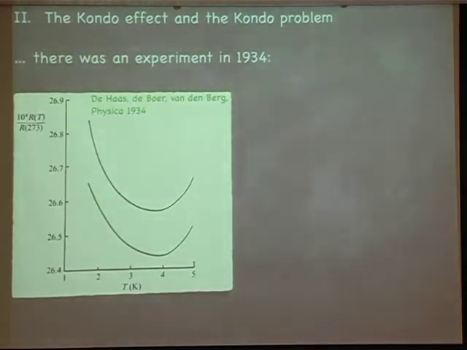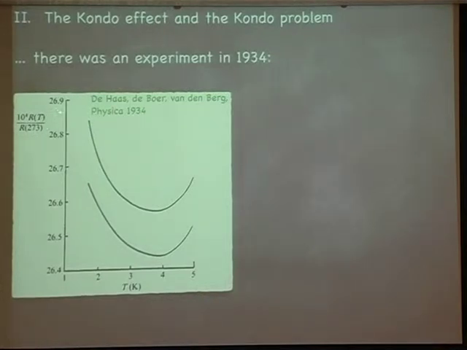There was an experiment in 1934. You see, this is already 80 years ago, so it's very, very old physics we are talking about, but nevertheless it's still absolutely present and relevant for the modern understanding of solid-state physics, especially correlation effects. This was the group of de Haas, de Boer, and van den Berg, published in Physica 1934. I think you can get this online. It's in German as far as I remember.